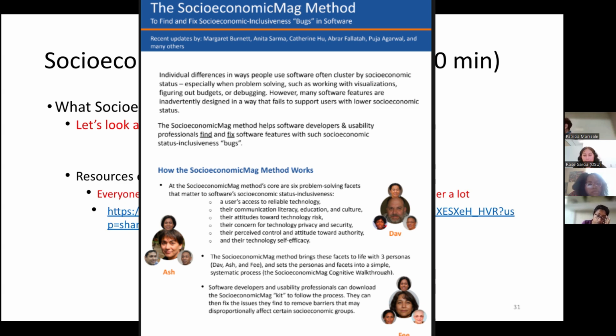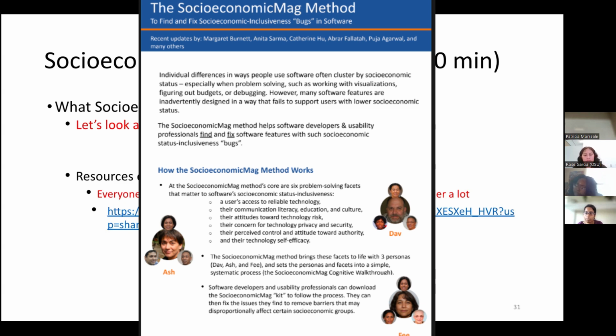And as was true with gender, it's also true by socioeconomic status. Ways people use software differ by their socioeconomic status. There's a lot of literature that shows this, and it's especially true in problem solving, such as working with visualizations, figuring out budgets, debugging, anything that's problem solving.